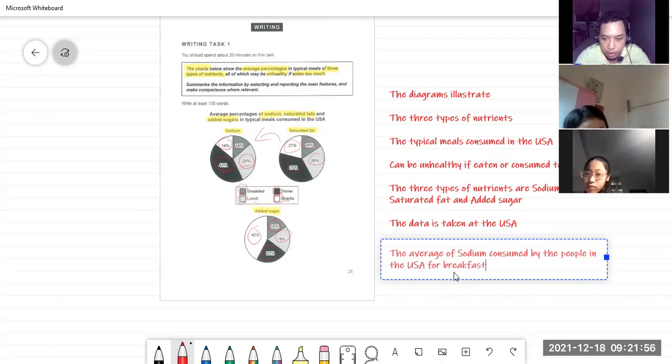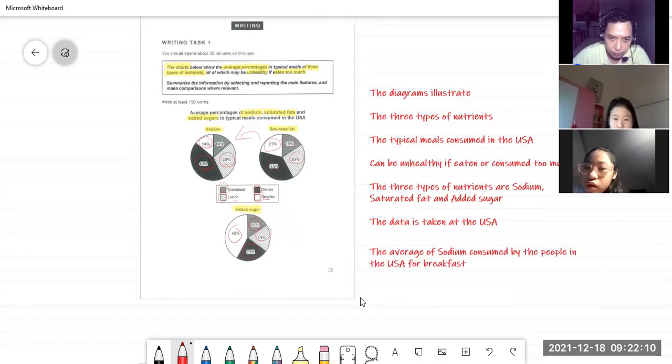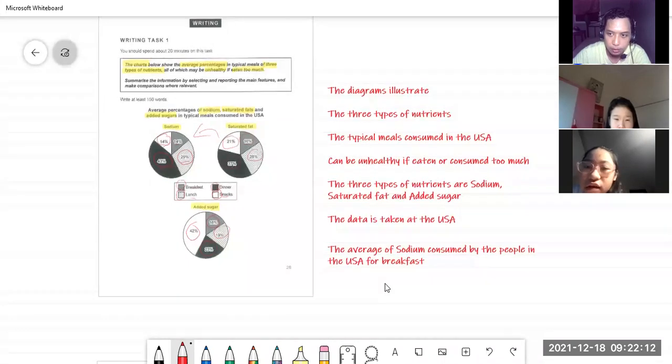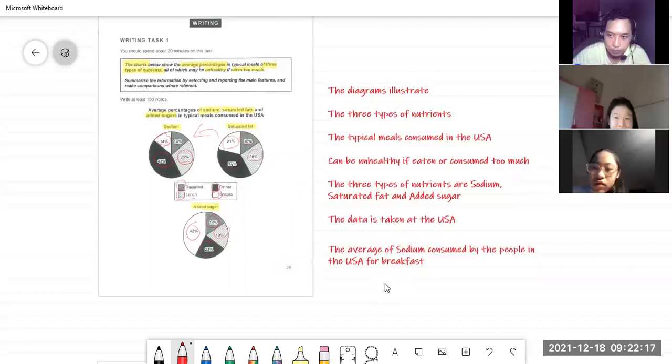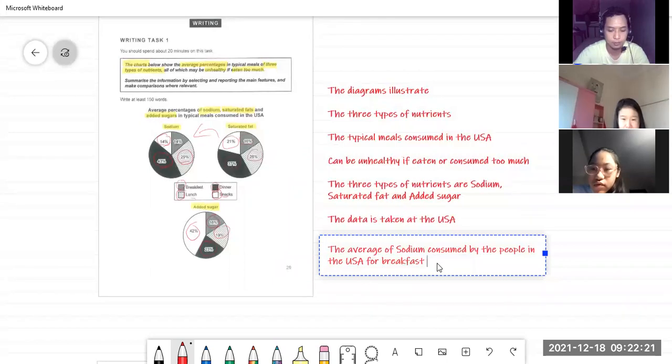How much is the average of sodium consumed by the people in the USA for breakfast? Who can answer? How much? For breakfast, it is 14%. Okay, it's 14%.